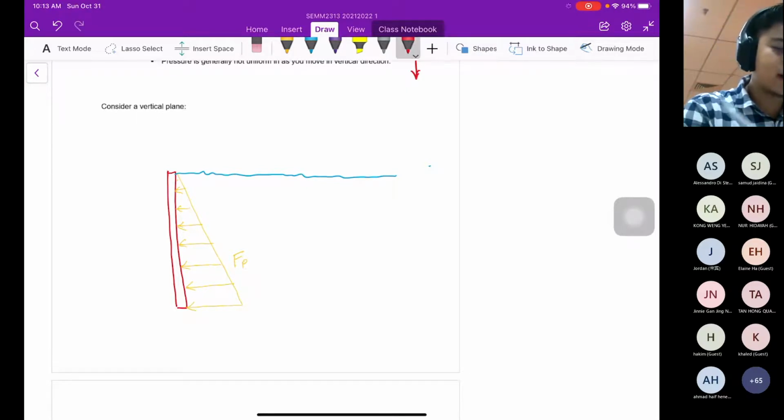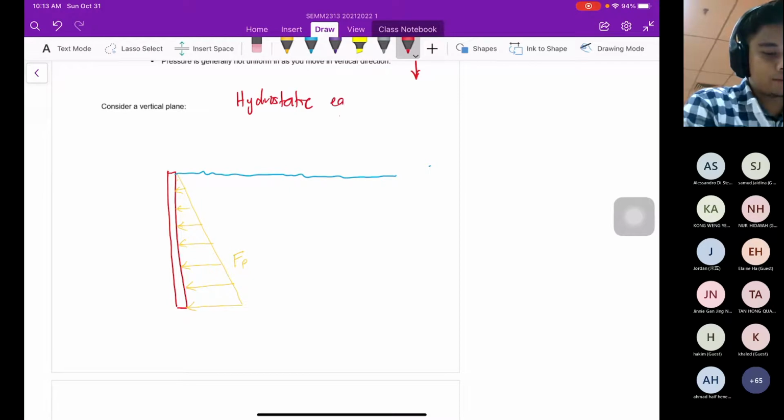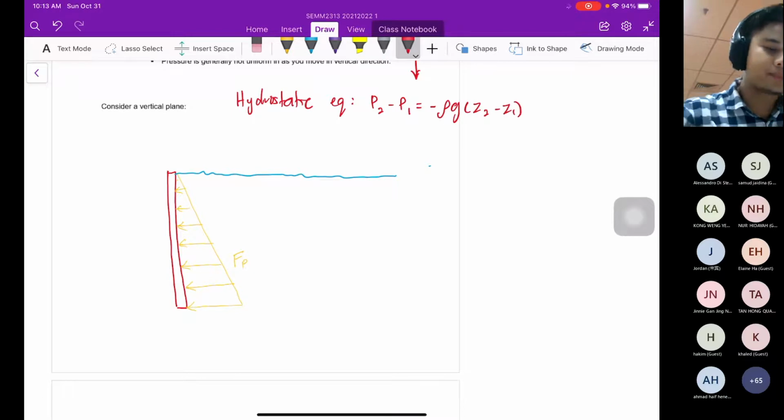Remember previously we derived the hydrostatic equation, which is P2 minus P1 equals negative rho g (Z2 minus Z1). So here, increasing depth will increase the pressure. The negative sign means it is in the negative direction.